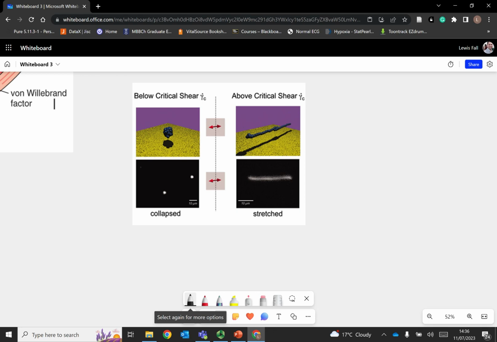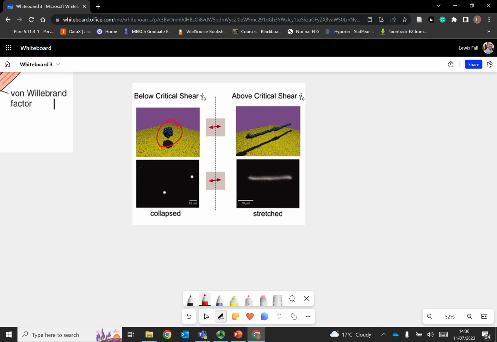I will put a link to this for you in the learning materials section of UniLearn. But what you can see is this is the von Willebrand factor.